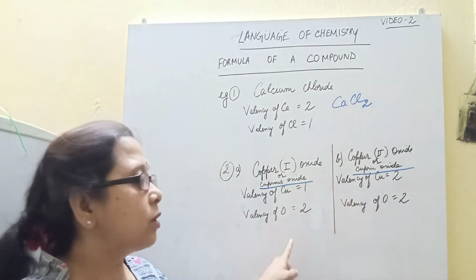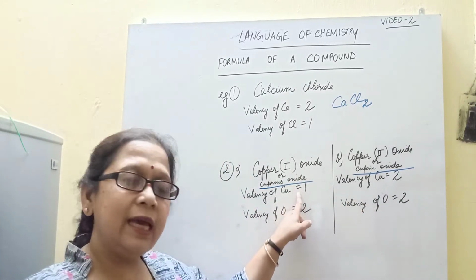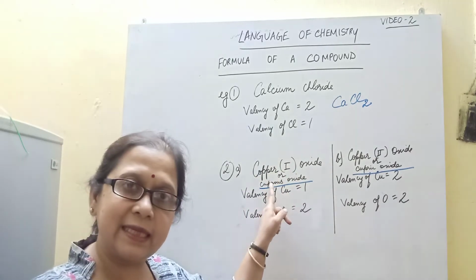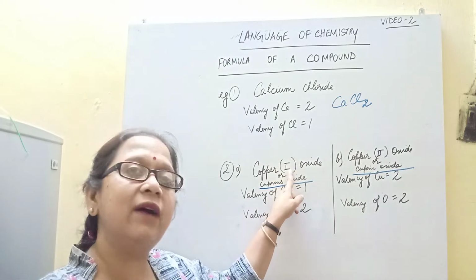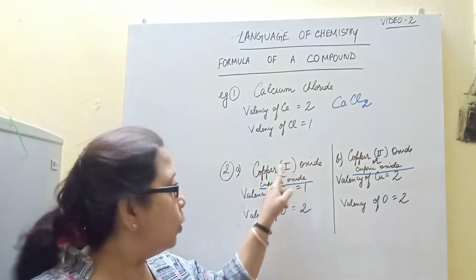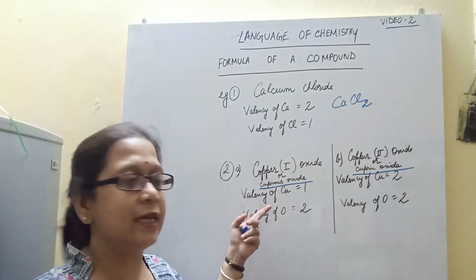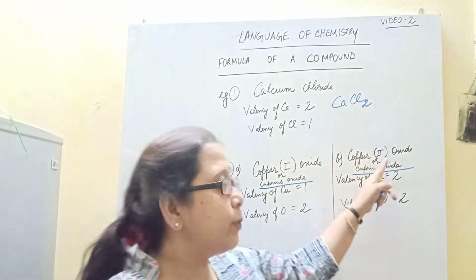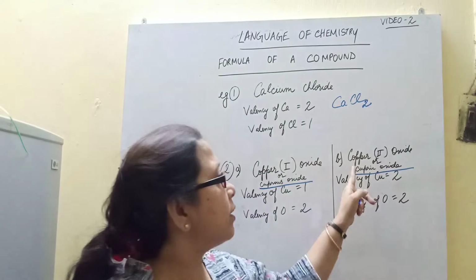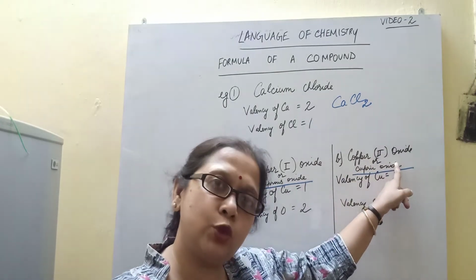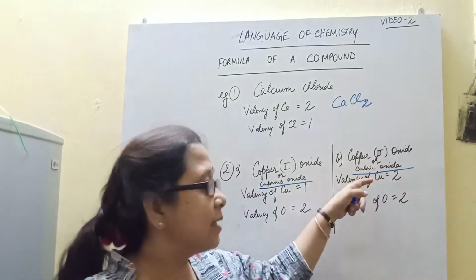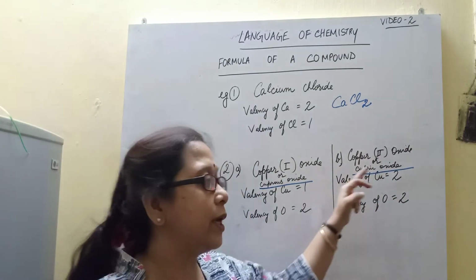So the oxide with valency 1 is written as copper(I) oxide, Roman numeral 1 in the bracket. So this denotes the valency of copper. The older way of expressing it is cuprous oxide. Whereas copper(II) oxide is where the valency of copper is 2, denoted in Roman numerals in brackets, and another way of writing it is cupric oxide.